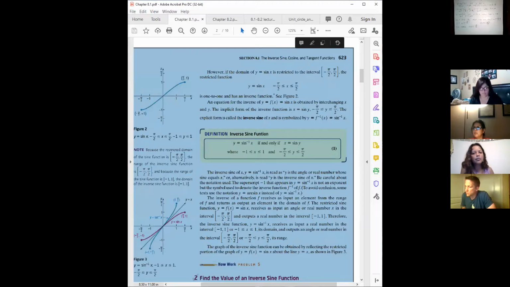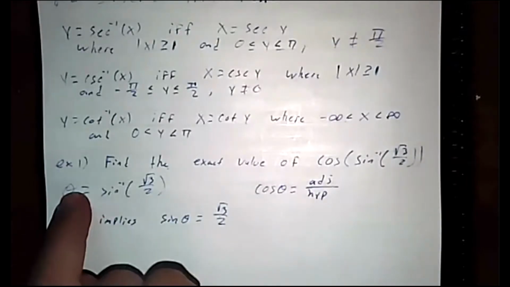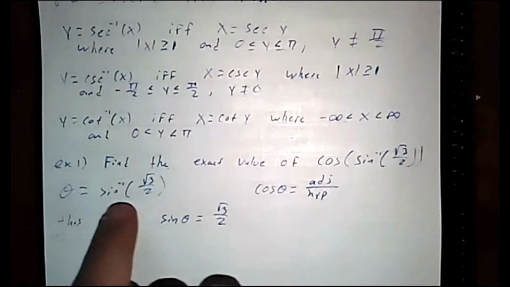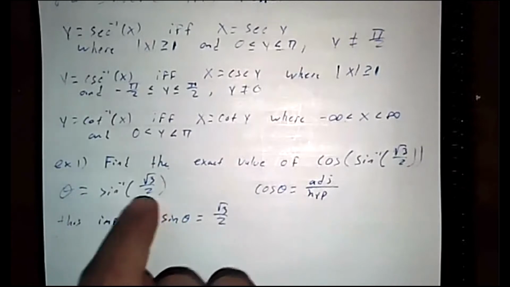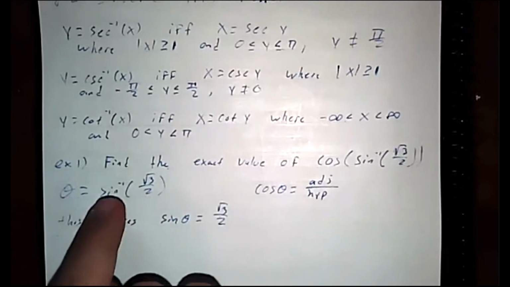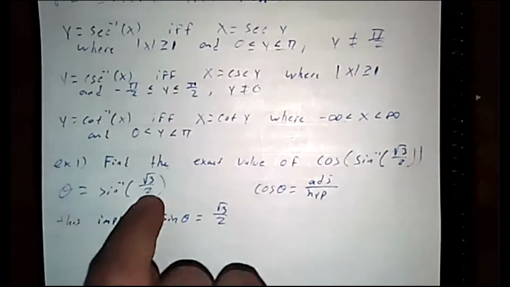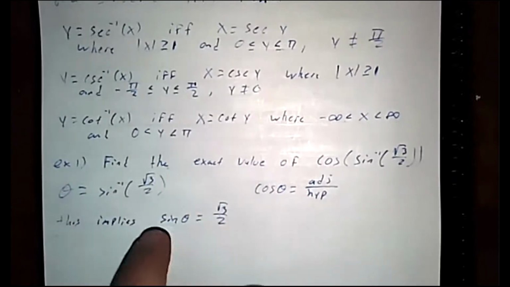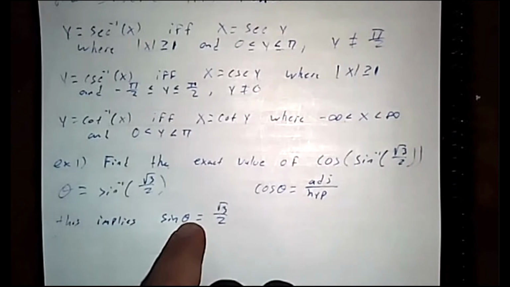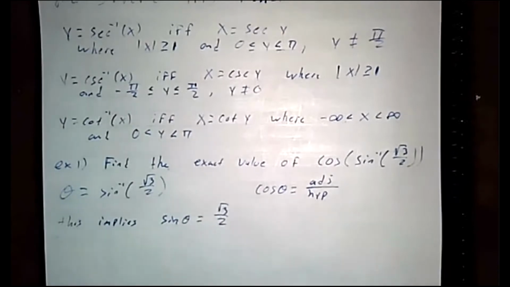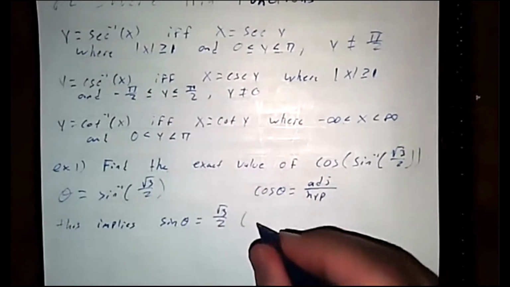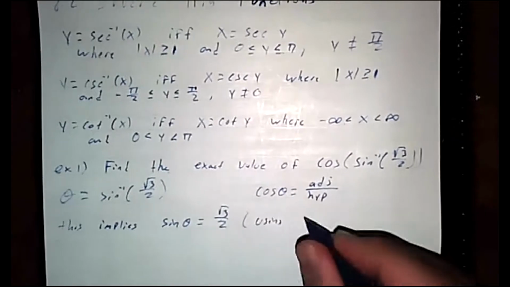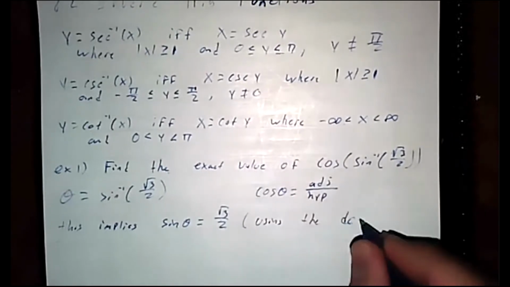So we had theta equal to sine inverse of some value. So it's like saying y equals sine inverse of x. That means that x is equal to sine of y, using the definition.